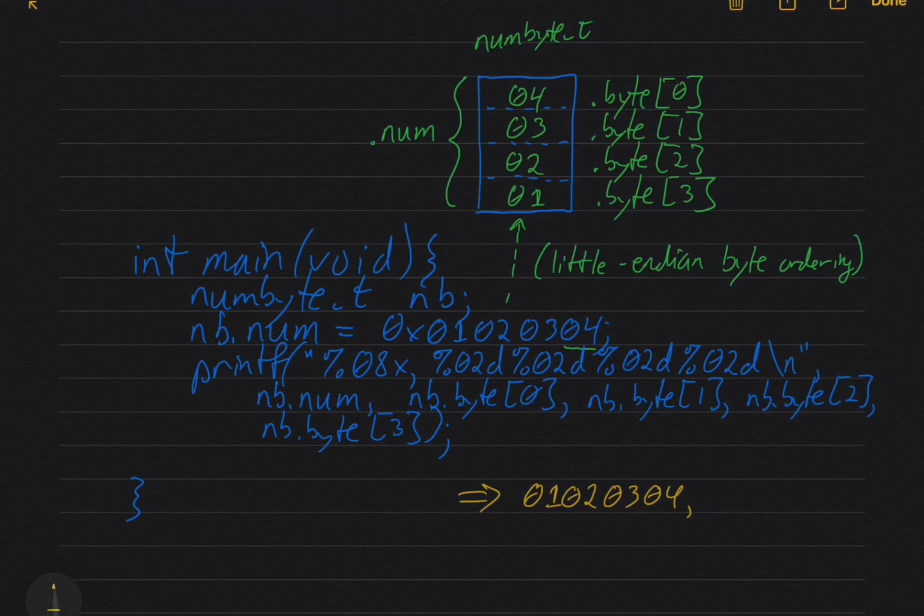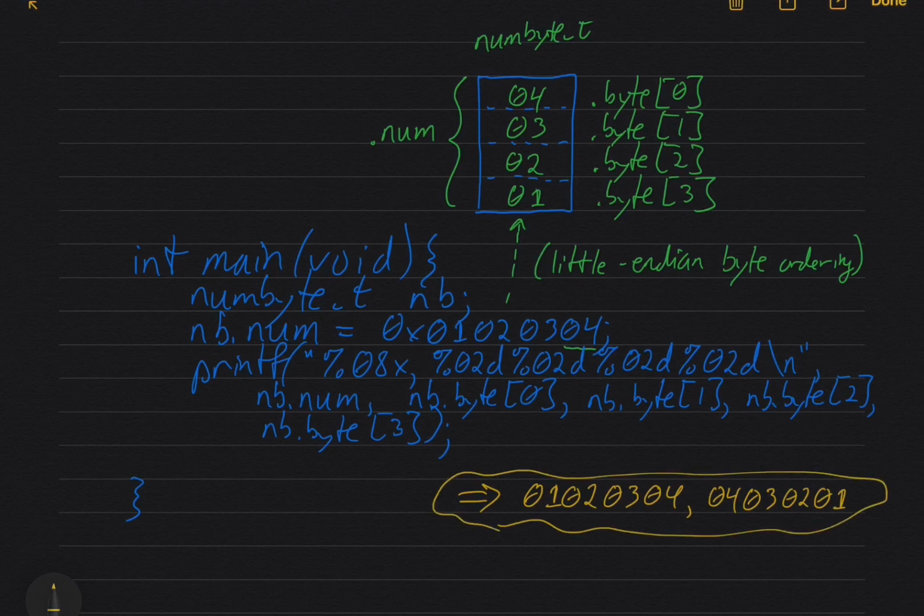And then that's followed by the 4 byte values, and they're going to be in the order that they're stuffed into memory there. So it will be 04, 03, 02, 01. So there's our output.